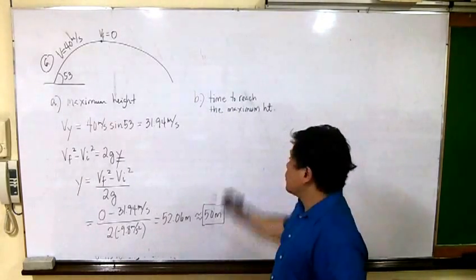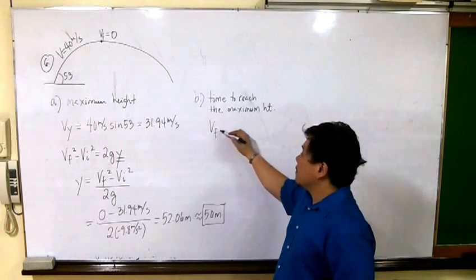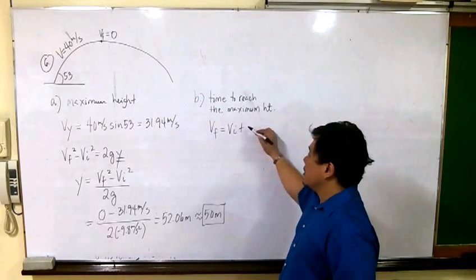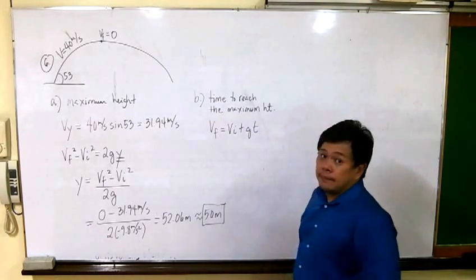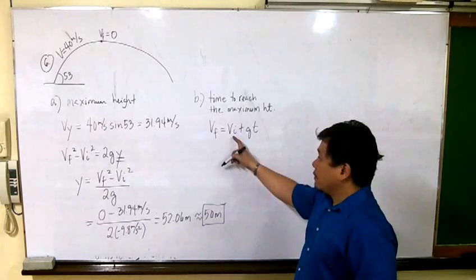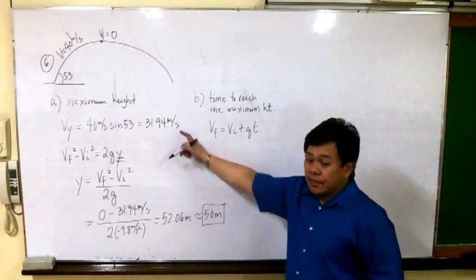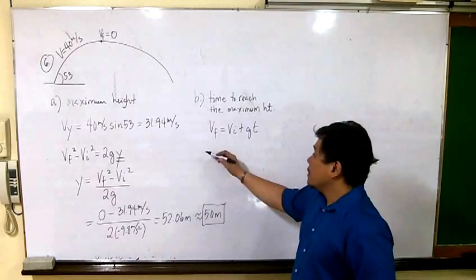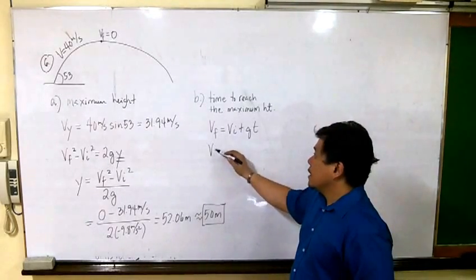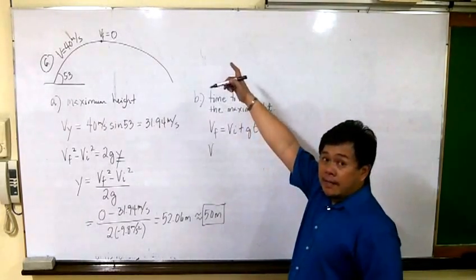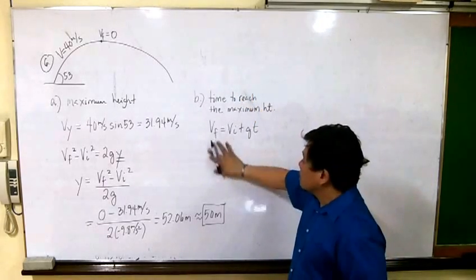Okay, to solve for this, we can use this equation. V sub f is equal to v sub i plus gt. And we have already solved for the initial speed along the y-axis, it's 31.94 meters per second. And our v sub f, right at the top, is equal to 0.